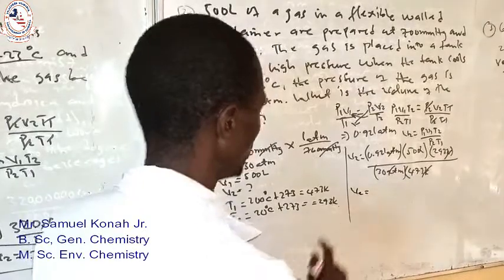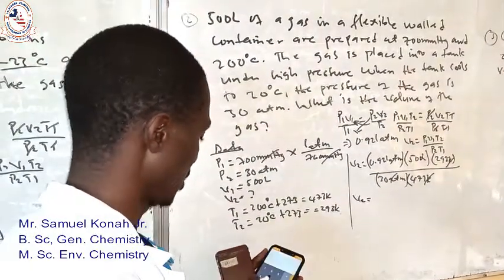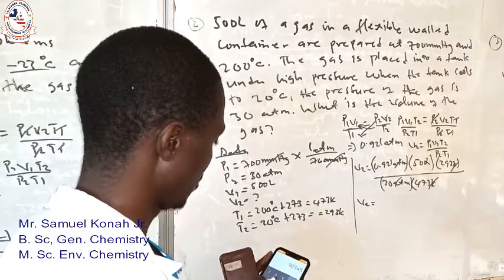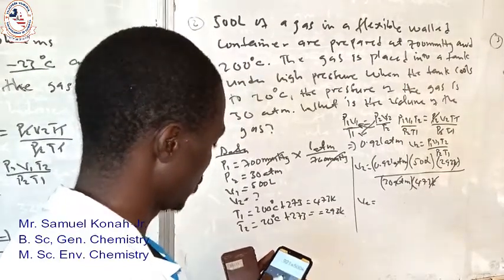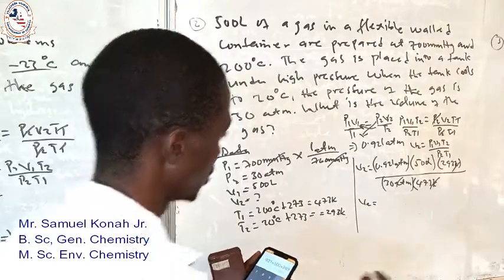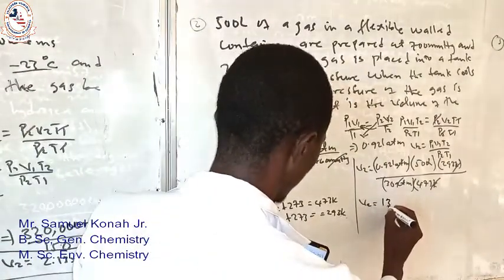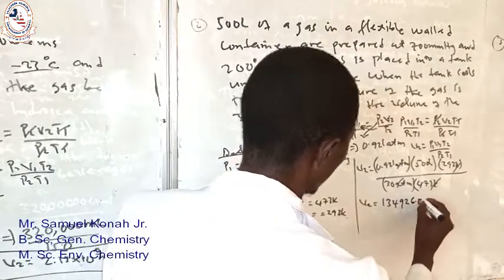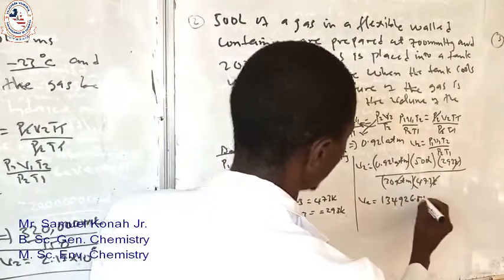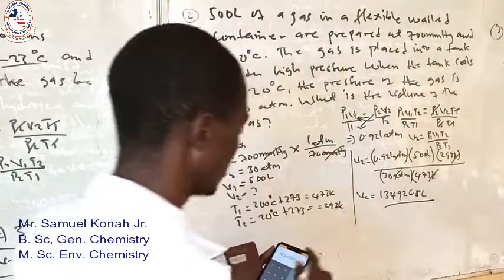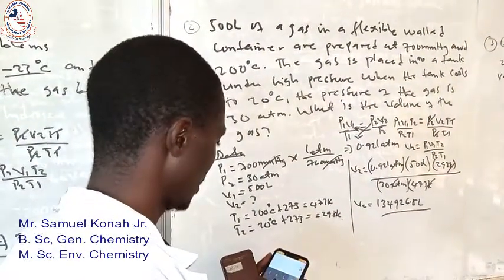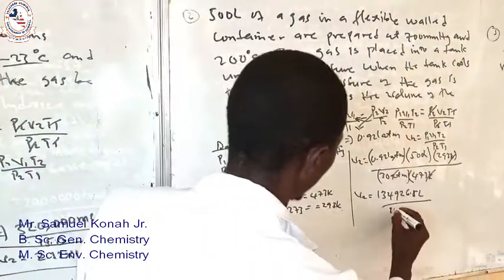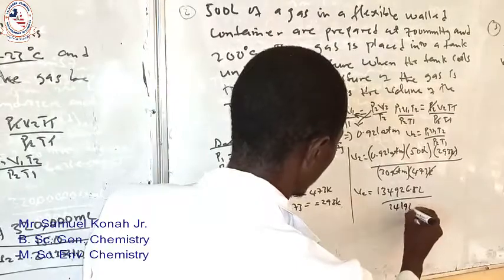So our V2 will be equal to 0.921 times 500 times 293, which gives us 13,492.6 (approximately), divided by 30 times 473, which gives us 14,190.